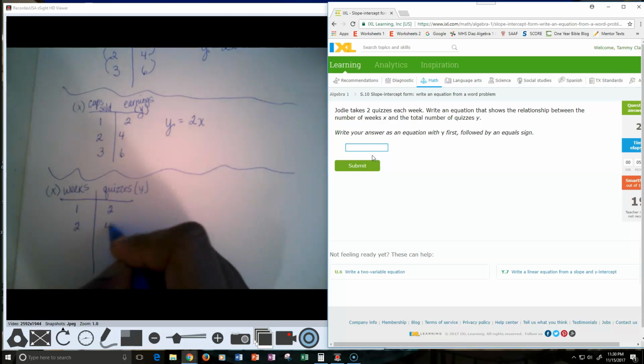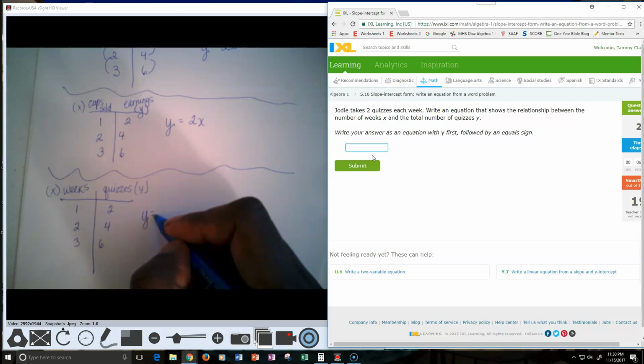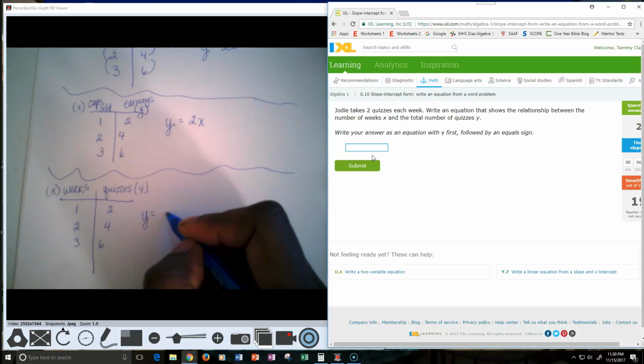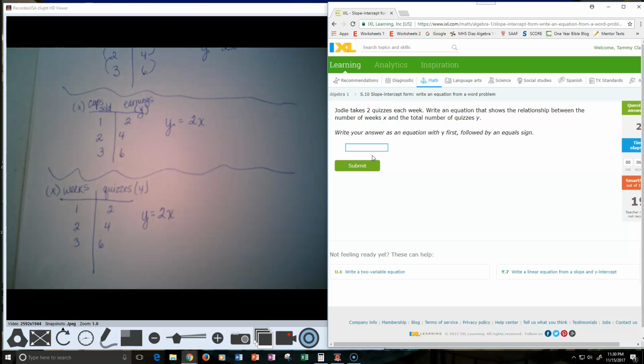Week 2, she has 4 quizzes. Week 3, she has 6 quizzes, so on and so forth. So the total number of quizzes that she takes is related to the number of weeks that she's in school, and she takes 2 quizzes per week. So we have Y equals 2X.